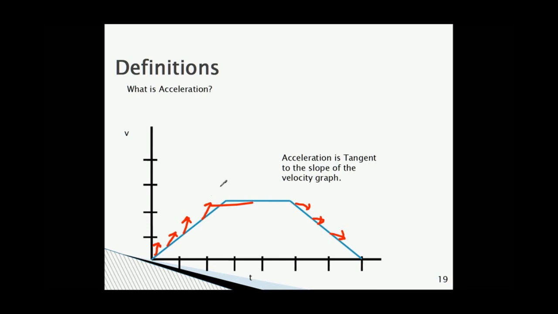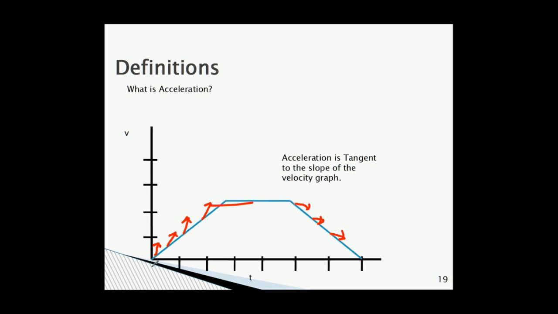Okay, so we have from this point to this point a change in velocity, therefore we have acceleration. So when you're changing speed or you're changing velocity, you have acceleration. From this point to this point, we have a plateau on our velocity graph, which means we have no change in acceleration.